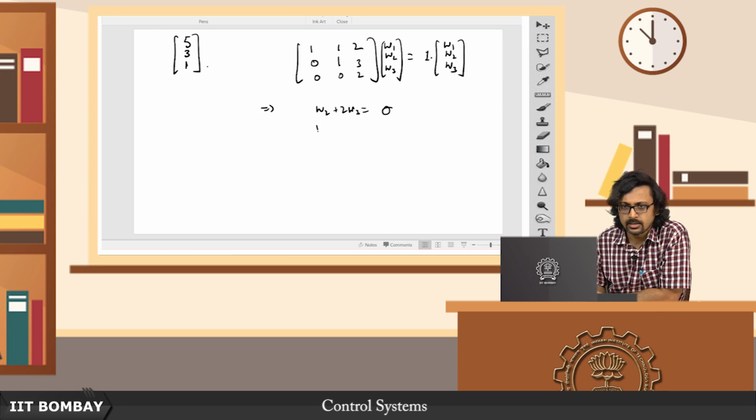The second equation tells me W2 plus 3W3 is equal to W2. So now I can get rid of W2 from both sides and I get that W3 is equal to 0. What is the third equation?